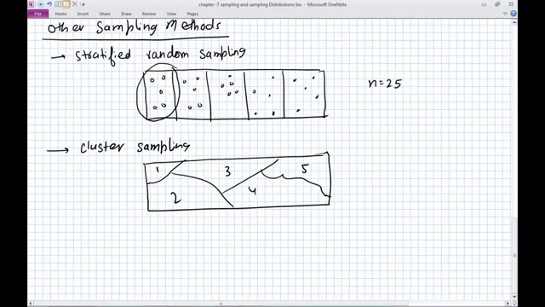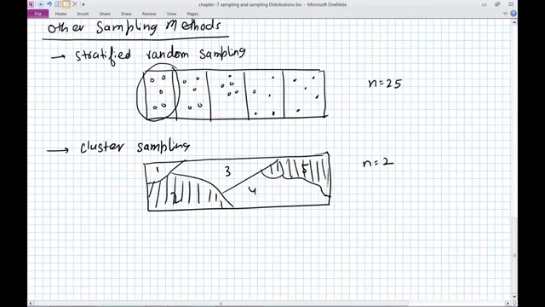Another difference is in stratified random sampling, after dividing into different strata, we took a simple random sample from each group. Maybe in each group you have hundreds and thousands of people, but you selected only a few of them. But in cluster sampling, let's say we are interested in 2 clusters, and suppose our clusters through a random process are 2 and 5.